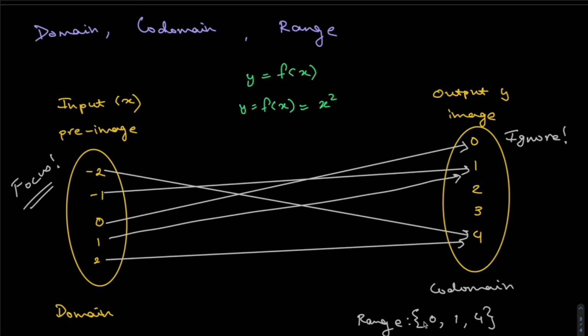So you can think of range as a subset of the codomain. Codomain is the big umbrella, and range are the small elements that fit in it. The range doesn't necessarily need to fulfill every single element of the codomain. It can, but doesn't need to. The range is just all the values that have been mapped from the domain. I hope this clears up the confusion between domain, codomain, and range.